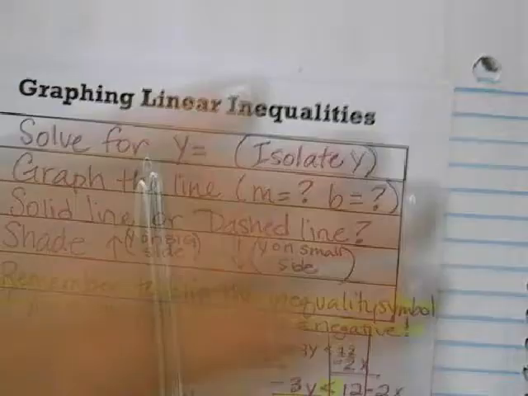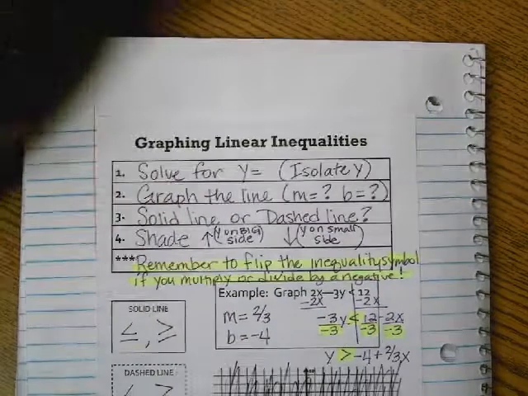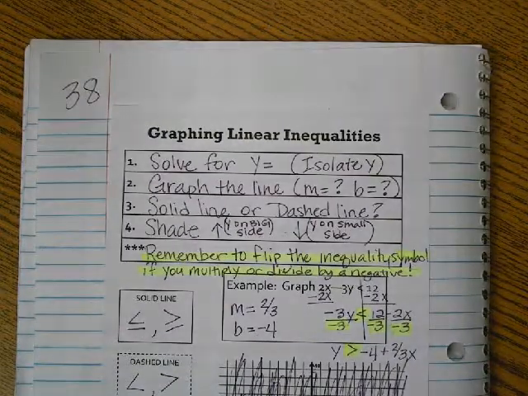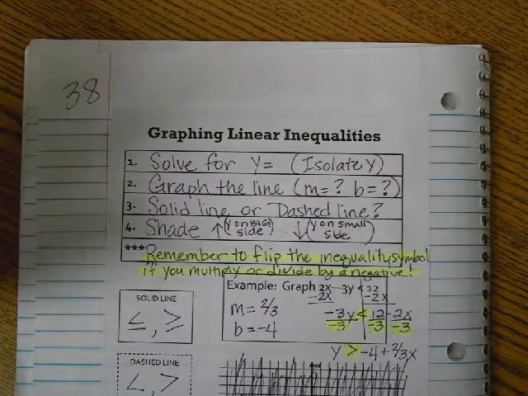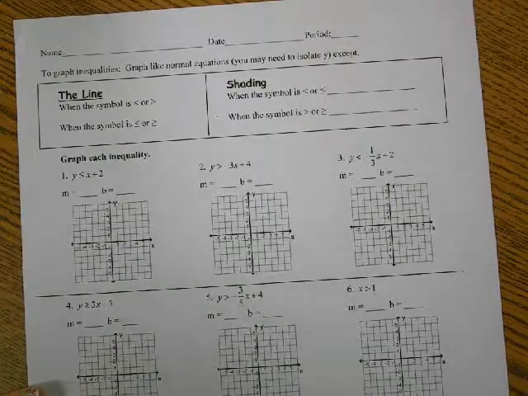You should be as well. Whoa, my hands went really fast. Okay, so this is page 38 of your spiral. Okay, so let's do a couple of examples off of this worksheet, and then you'll finish the rest of it as part of your homework.